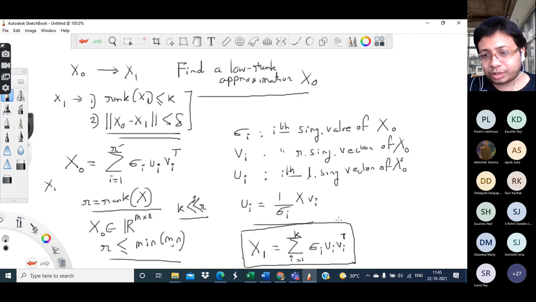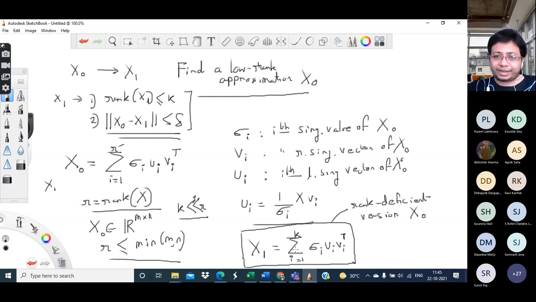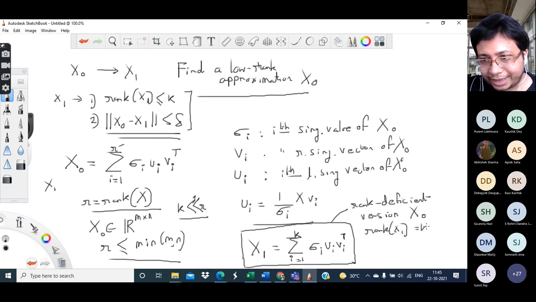So this x1, as you can understand, is basically a rank deficient version of x naught. And the rank of this x1 is obviously equal to k.